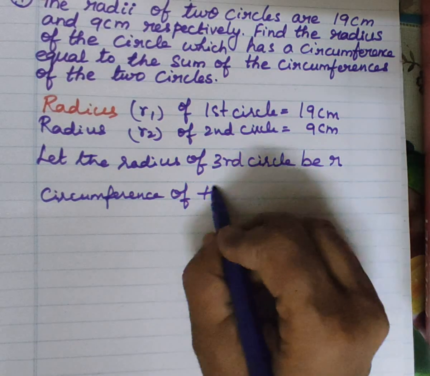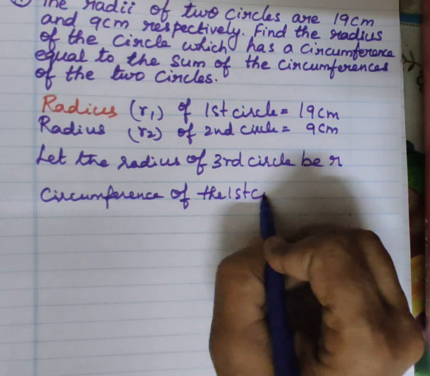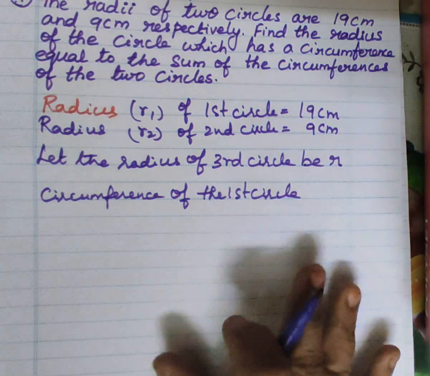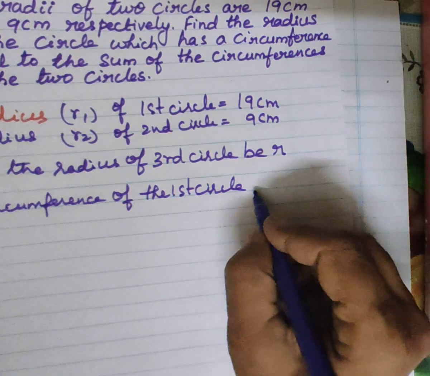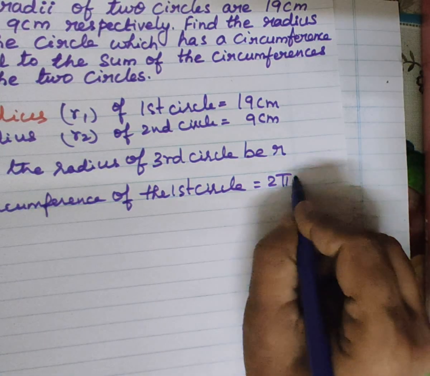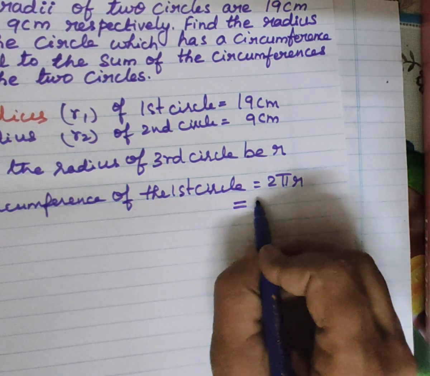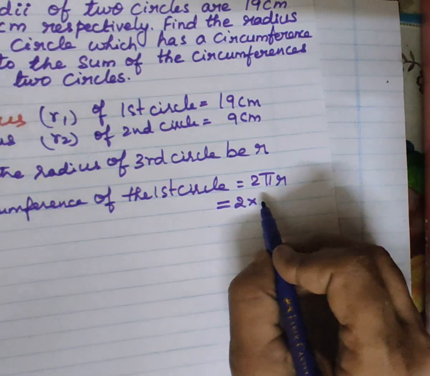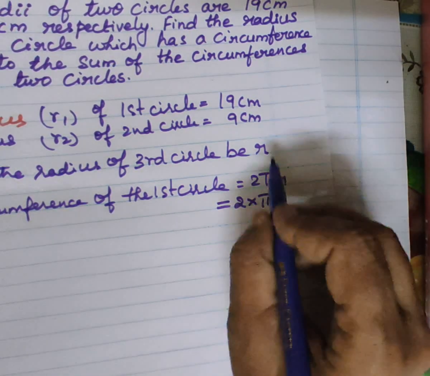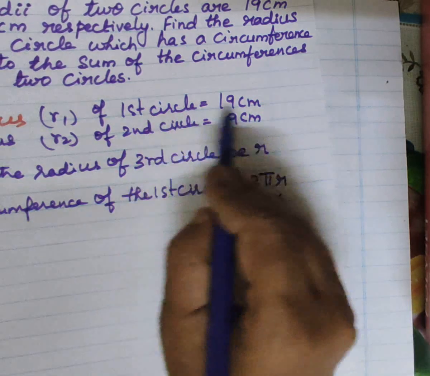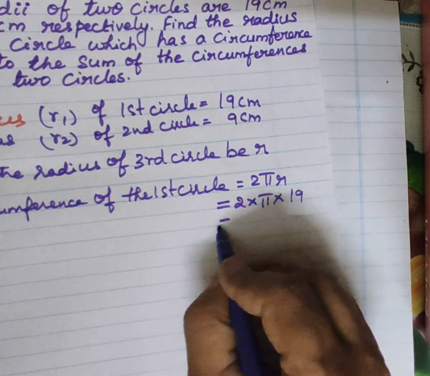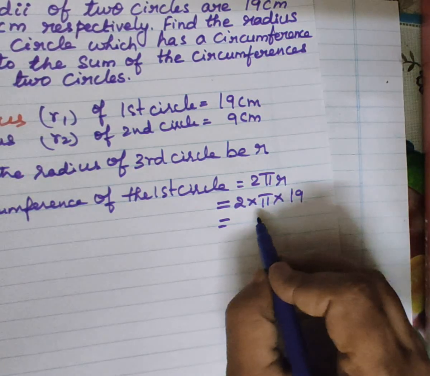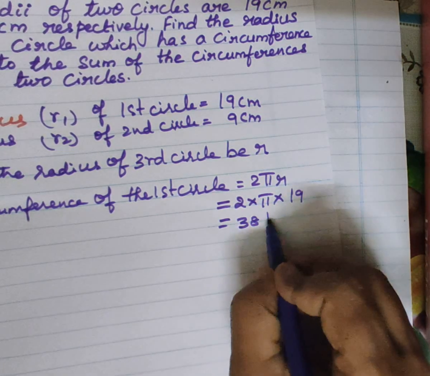So first let us find the circumference of the first circle. What is the formula to find the circumference? Yes, 2 pi r, equal to 2 into pi into, what is the radius of the first circle? 19 centimeters. So this is equal to 2 into 19, 38. Let us write pi.